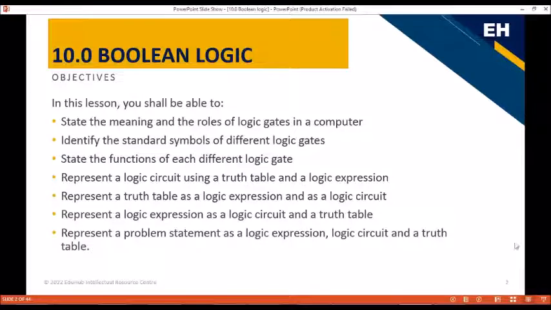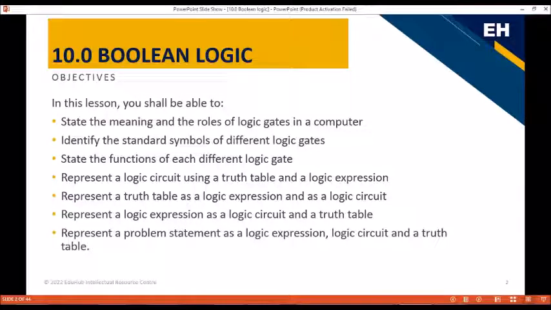In this lesson, you shall be able to state the meaning and the rules of logic gates in a computer. Identify the standard symbols of different logic gates. State the functions of each different logic gate. Represent a logic circuit using a truth table and a logic expression.